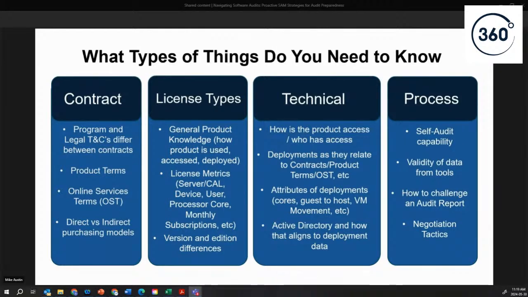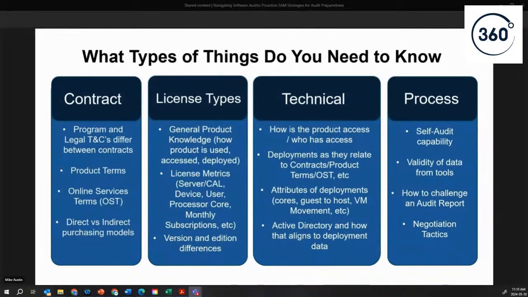I'll go back to another Microsoft example here. SQL Server. If you have services within SQL Server, like Analysis Services or Integration Services, if it's deployed on the same server as the database, it's not licensable. If you separate it onto a separate server, it becomes licensable, right? So you have to understand all of these. You have to understand the attributes of the deployments, right?